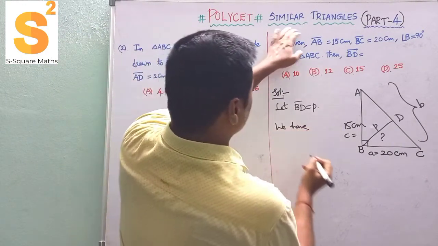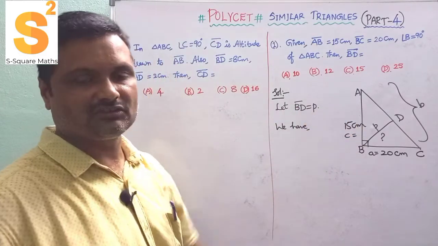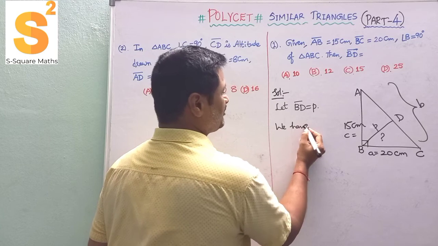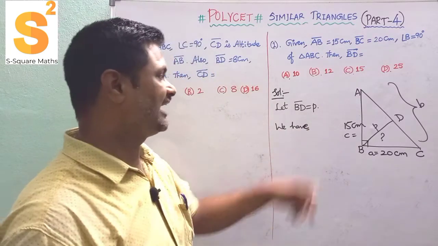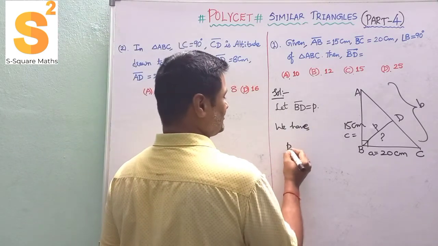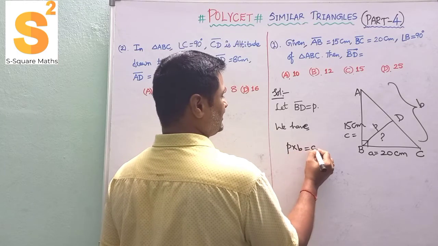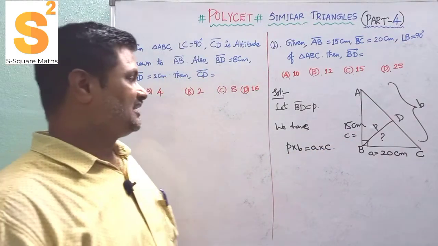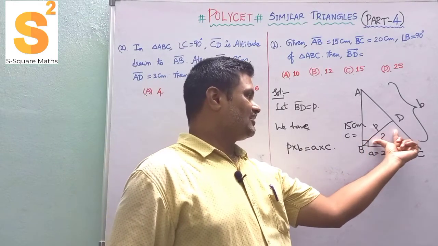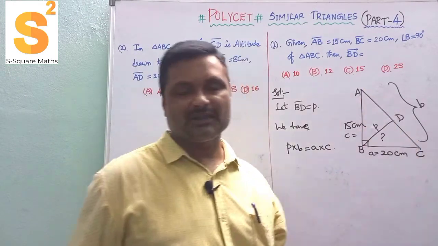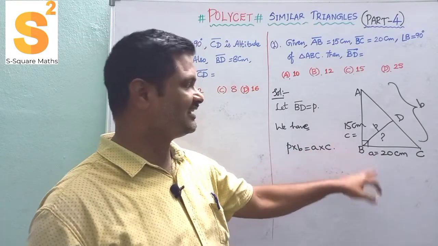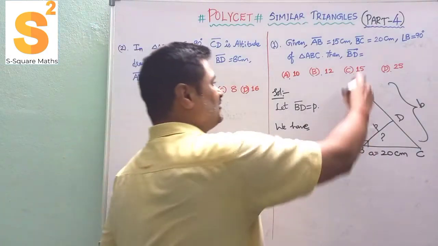Now, keeping the time duration in mind, we are going to solve this in a maximum of 20 seconds. The condition is P into b equals a into c. This is the result, where P is the length of the perpendicular drawn from the vertex B to the hypotenuse AC, c and a are the legs of the right angle triangle, and b is the hypotenuse.